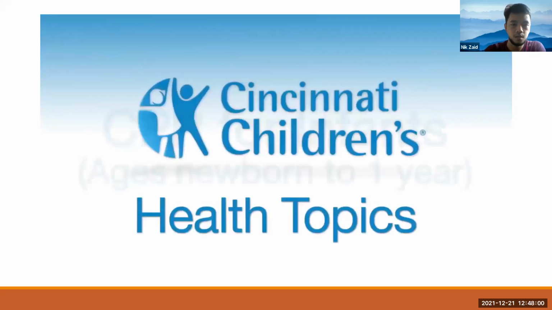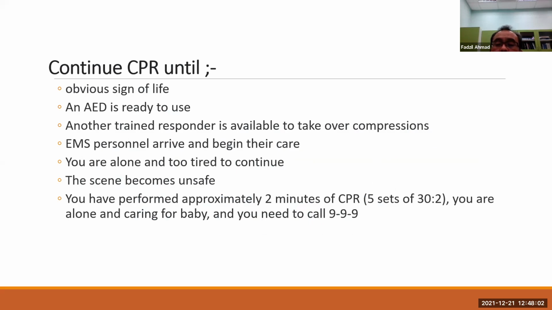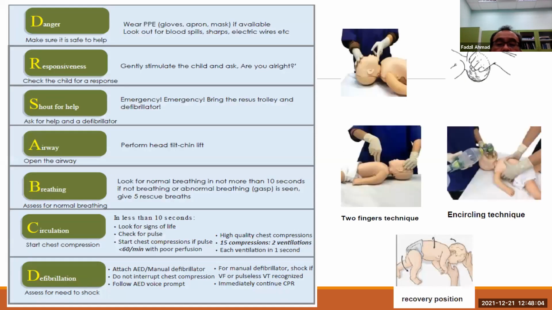So just now the compression is 15 to 2, right? In the guideline, 15 to 2 for infant. Adult earlier is 30 to 2. Okay, adult and pediatric. Okay, continue.